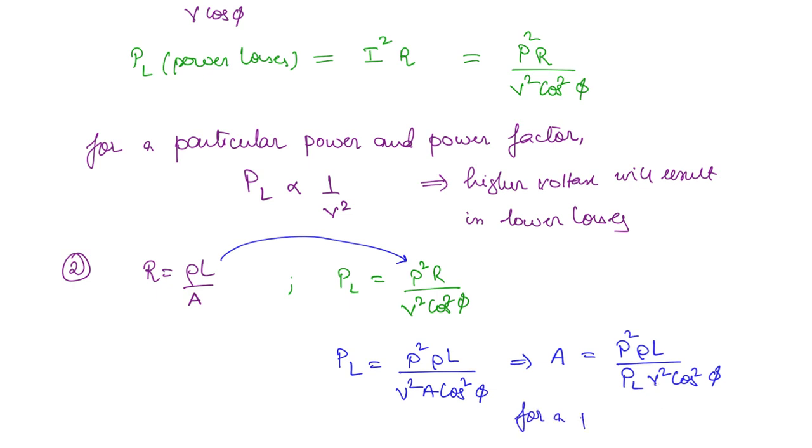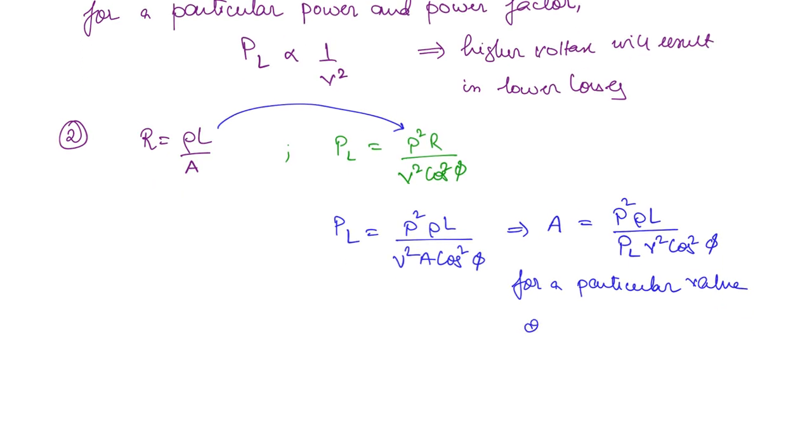For a particular value of the power loss and the power factor, you can write that area is proportional to 1 by V square, or inversely proportional to the square of the voltage.